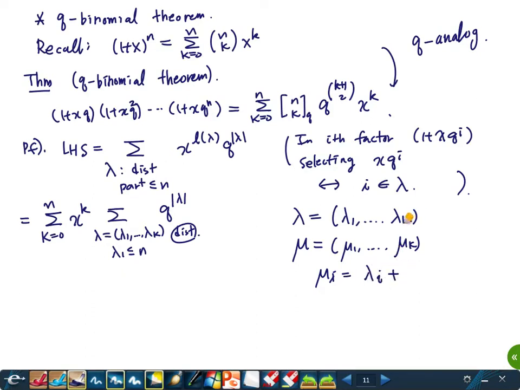Basically, the idea is here you take minus 1, minus 2, and so on, down to minus k plus 1.